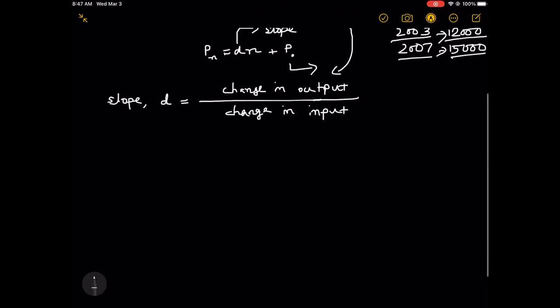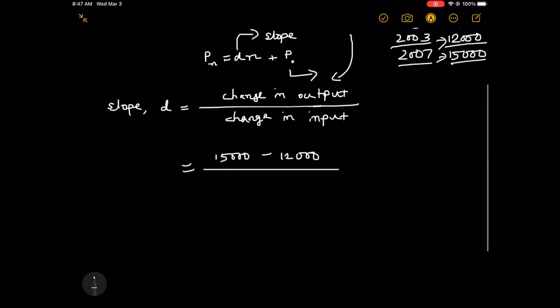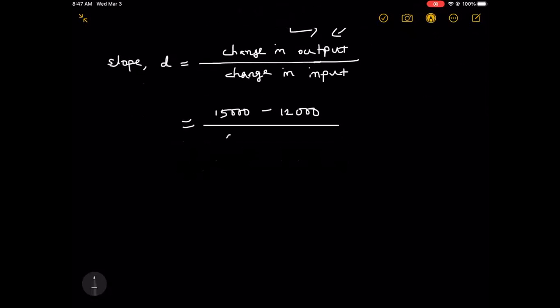So we want to use this information to find our slope. It would be 15,000 minus 12,000, and the change in x values, that means the input values, would be 2007 minus 2003, right?